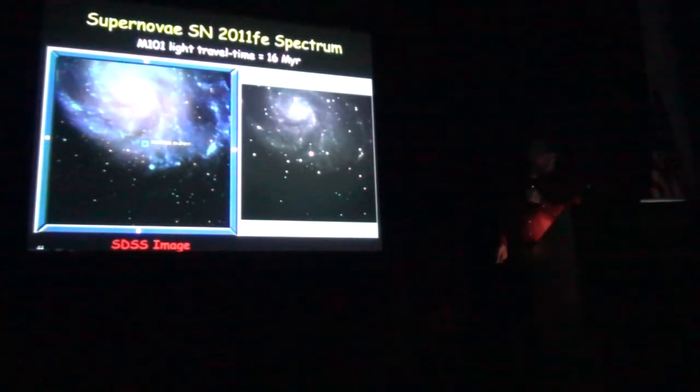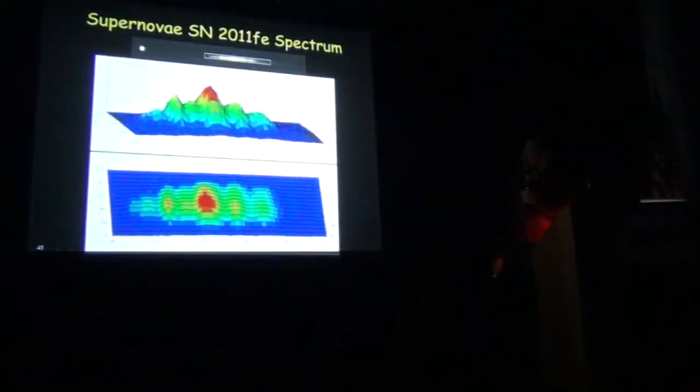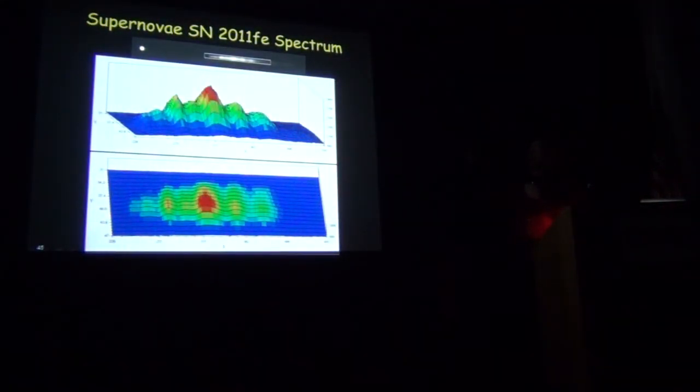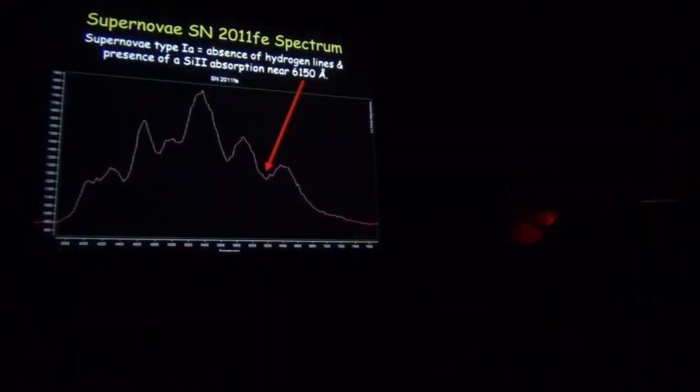So the key thing is this star blew up 16 million years ago, the light finally came in, hits the telescope on the driveway here, and we record those photons as a set of light images, and basically it looks like a camel's humpback. So we said, wow, is that absorption or is that emission?